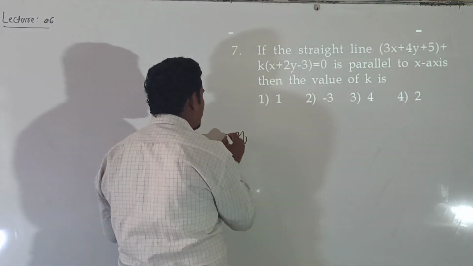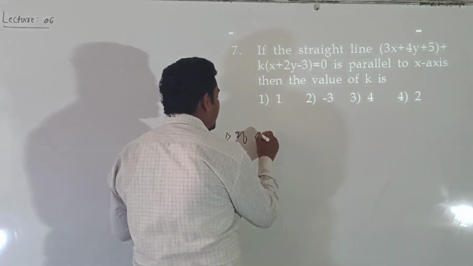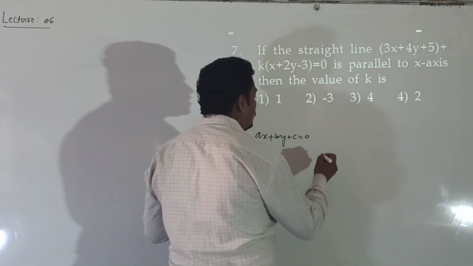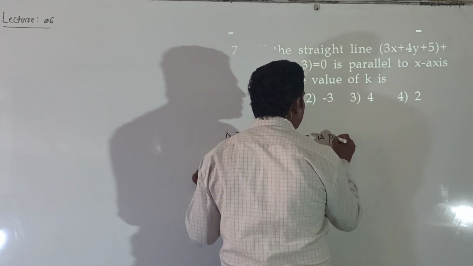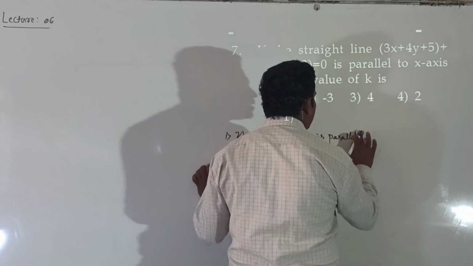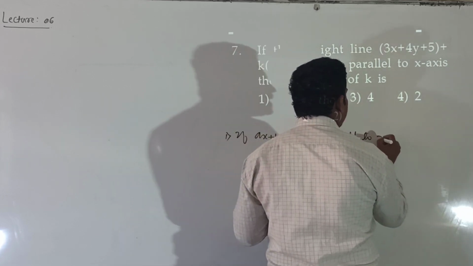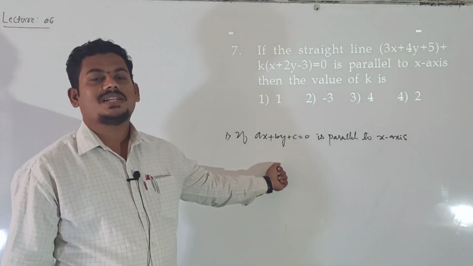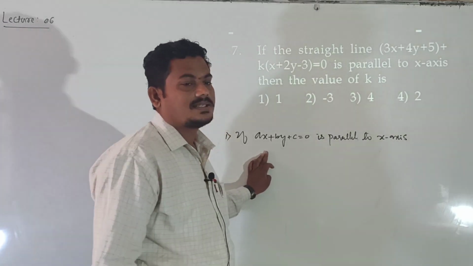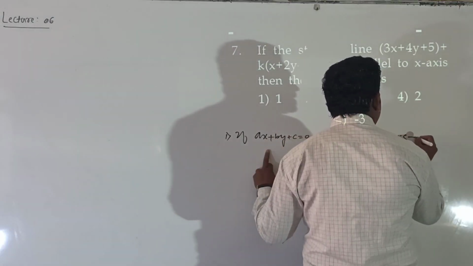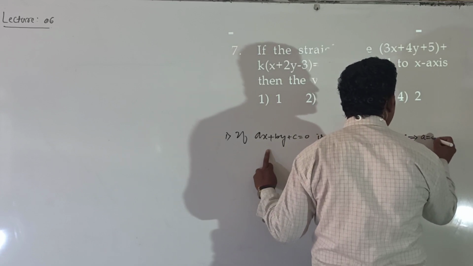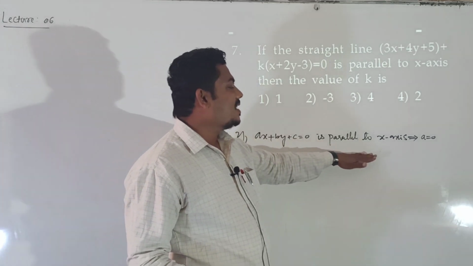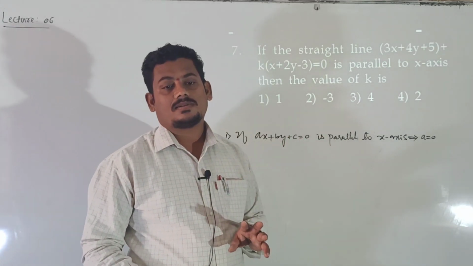If ax plus by plus c equal to 0 is parallel to the x-axis, then the coefficient of x is 0, right?